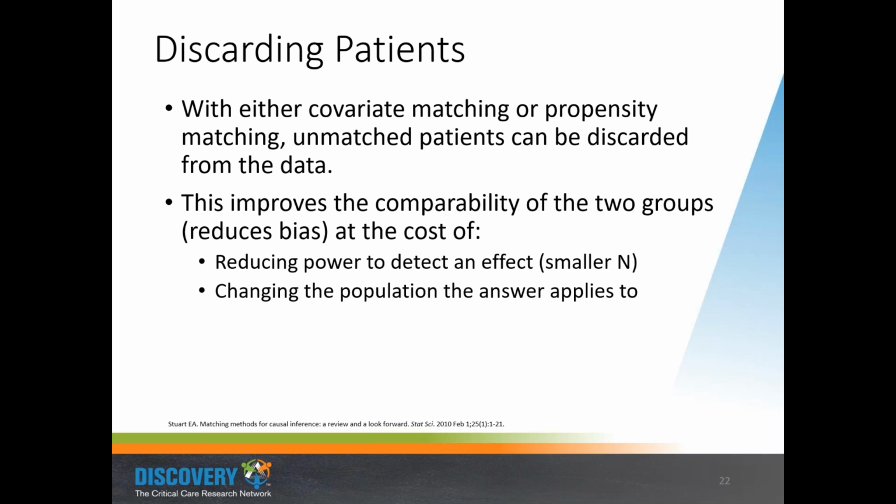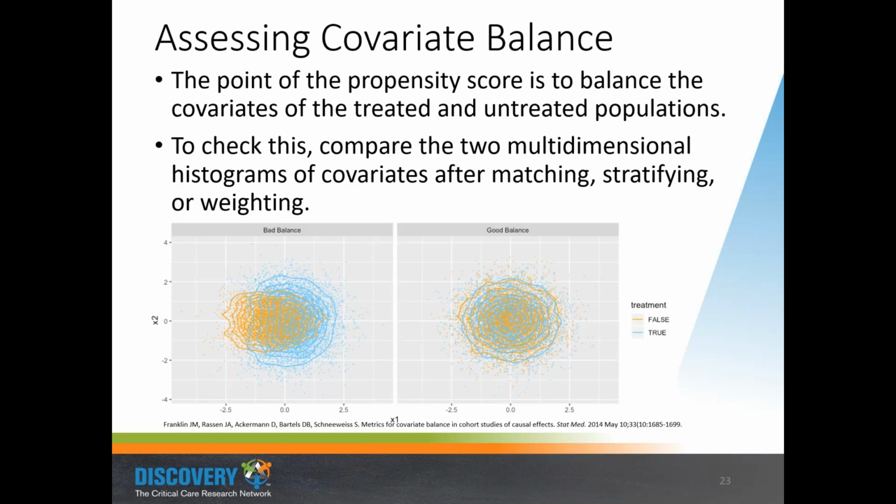So you need to think about maybe if the people who aren't being matched, which is almost always the case, are systematically different from the people who are being matched, then now your study results only apply to the population who got matched. And so you need to consider if that is really the same population or a subset. So that's kind of a subtle point. Okay.